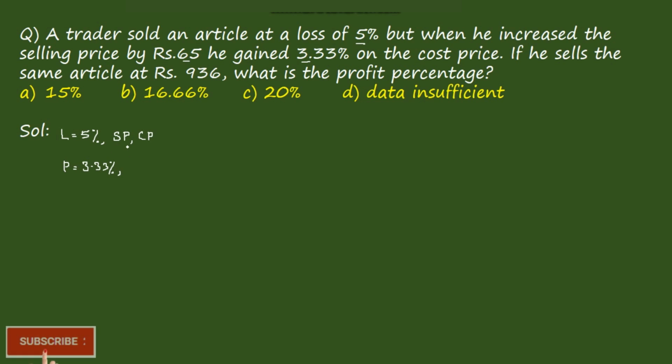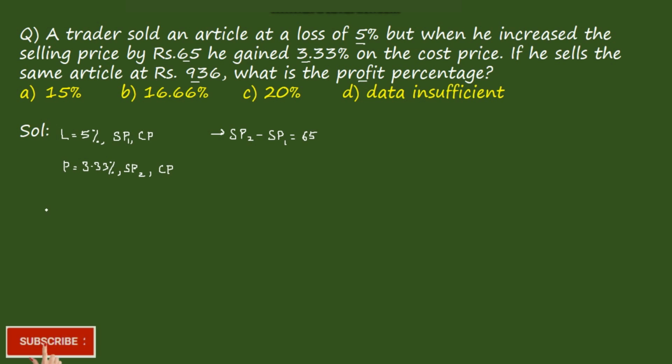If you consider the loss selling price as SP1 and the profit selling price as SP2, with the same cost price. Okay. Now they are saying that he has increased the selling price by 65 rupees, right? So we can say that SP2 minus SP1 is equal to nothing but 65 rupees, right? Now they are saying that if we sell the same article for 936, what is the profit percentage?